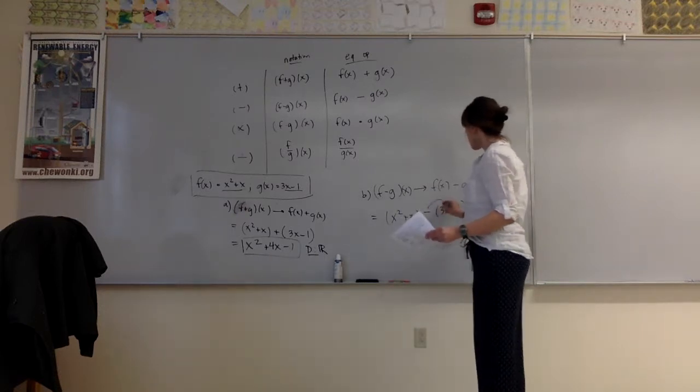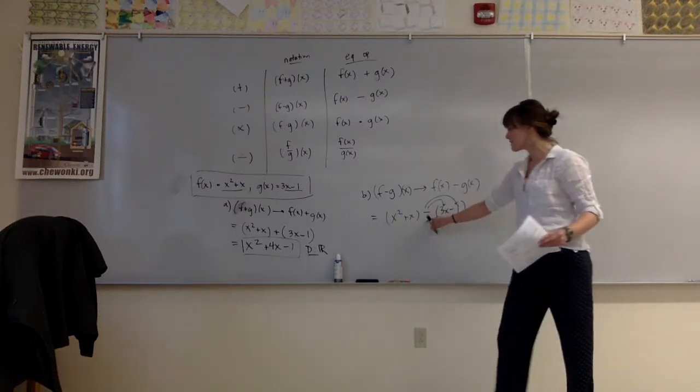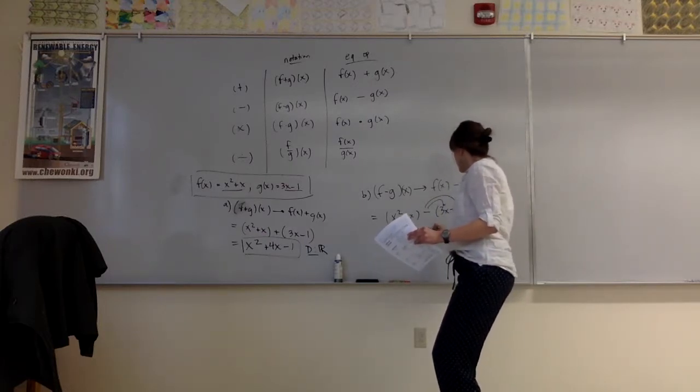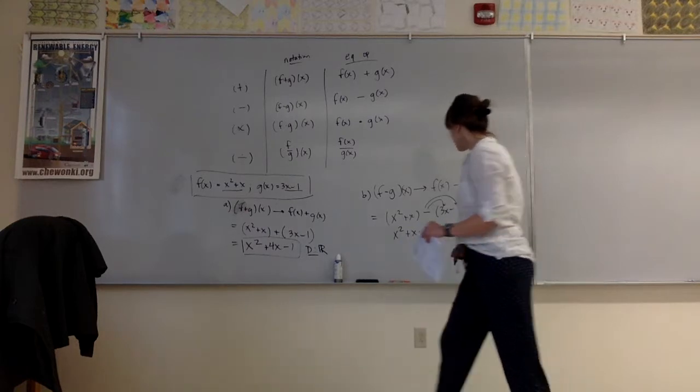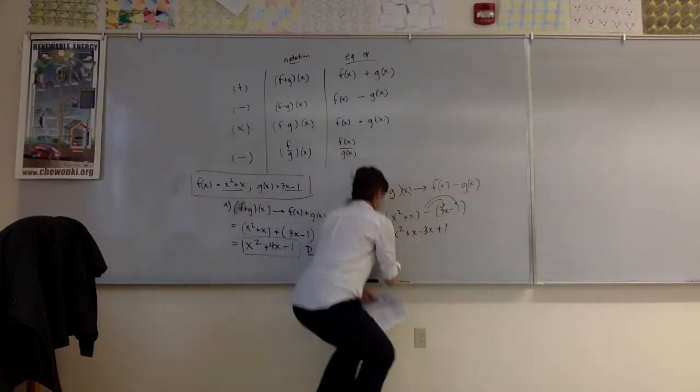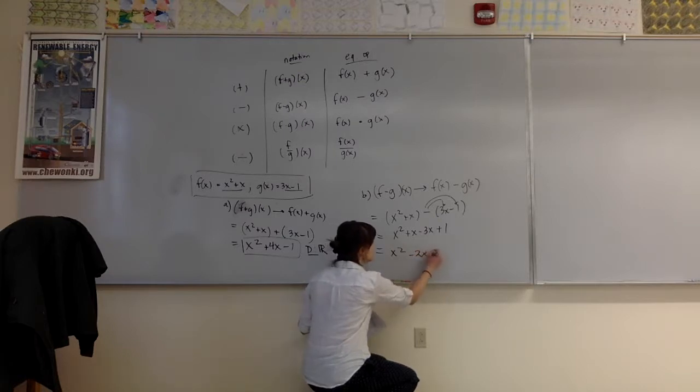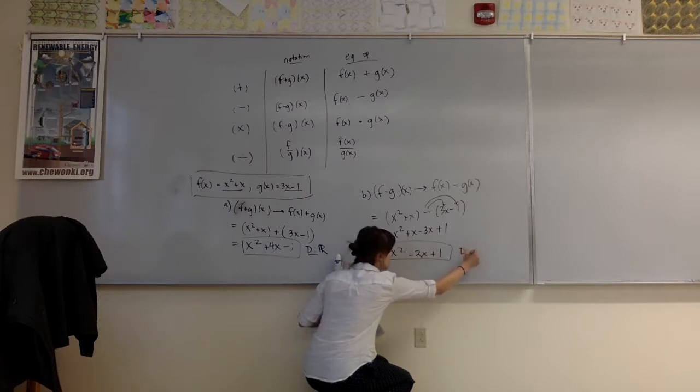When I do this, remember I have to distribute this negative sign, so it becomes x squared plus x minus 3x plus 1. So then my new function would be x squared minus 2x plus 1. And my domain again would be all real numbers.